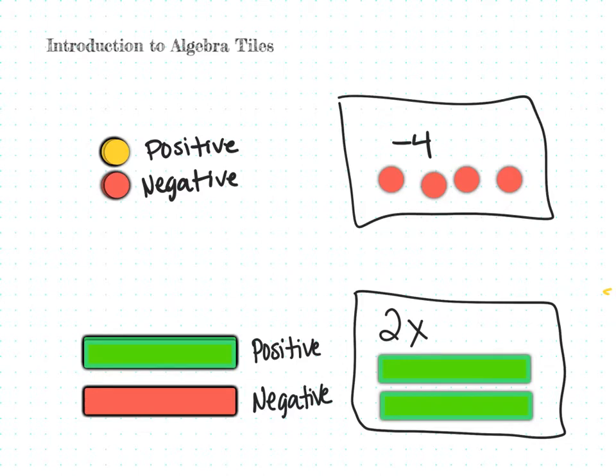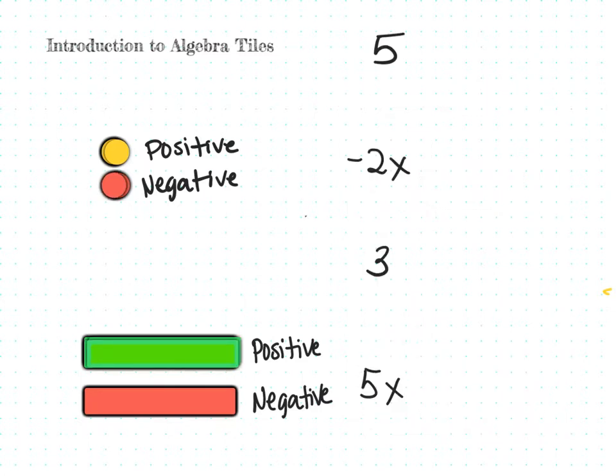All right, let's continue. Okay, so let's take a look at the examples that I have here on the board. The first one is +5. So since the 5 is just a number by itself, I'm going to use my constants. And I'm going to use 5 positive constants.